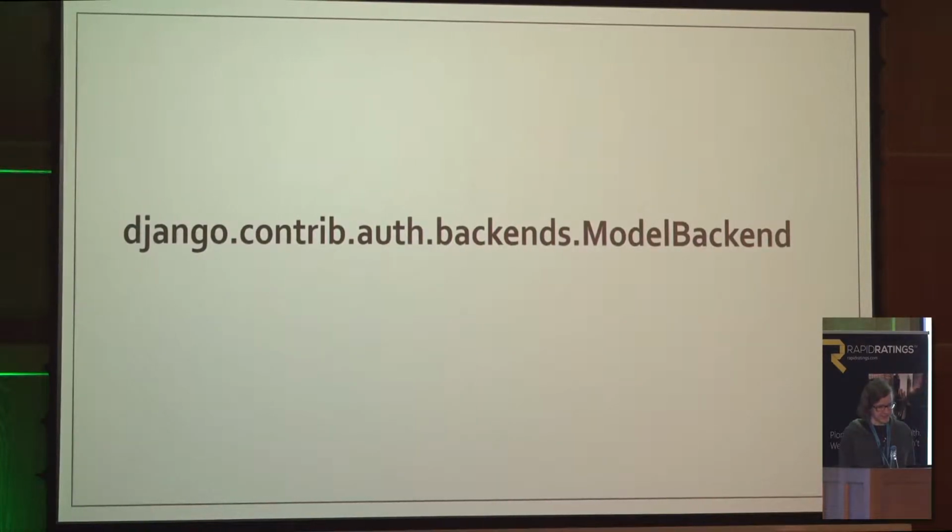But what is this authentication backend? It's really just a class that has two methods, getUser and authenticate. By default, Django provides us one that checks the user table, like the previous slide mentioned. But this one is pretty basic and doesn't provide any protection against brute force attacks or anything like that.